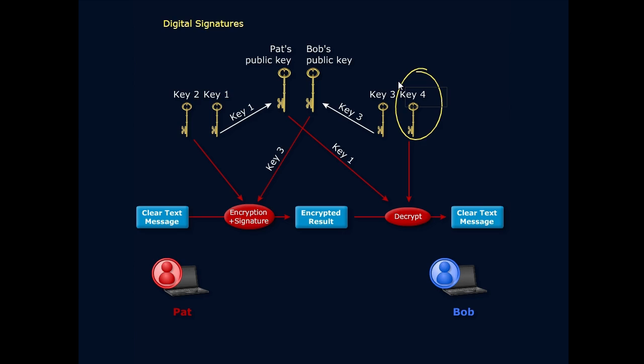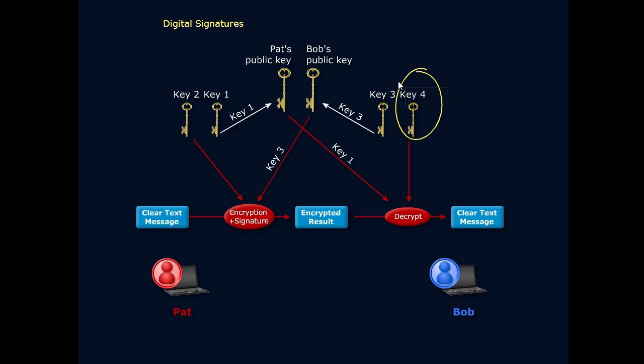So I'm Bob. I put my public key out there. That is great. Because I have my public key out there, I know that only people who use my public key can send me messages and no one will be able to read it as long as my private key remains private. That is great.